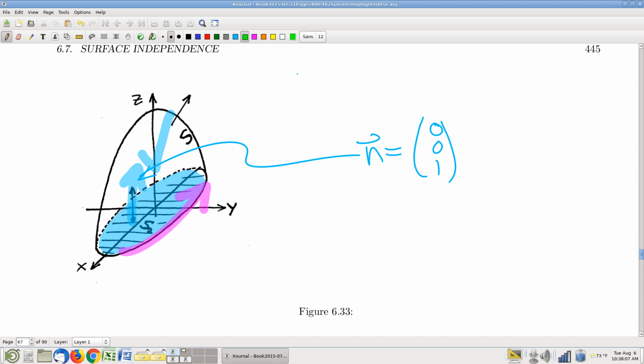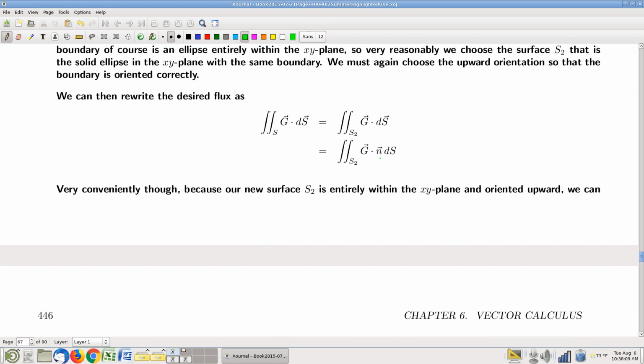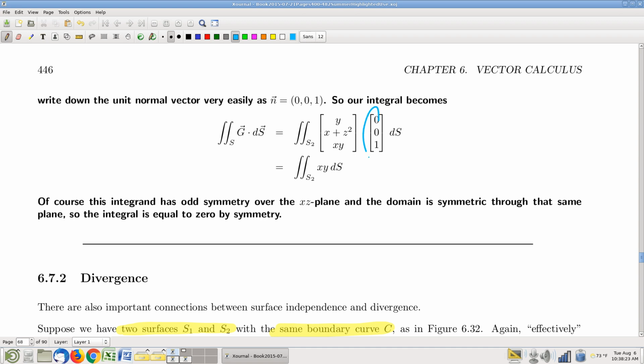Okay, so look how the calculation then goes. We've chunked the original green surface. We've replaced it with this flat blue surface. The normal vector is easy to write down, like so. This vector field that we were given, this original vector field, there it is.